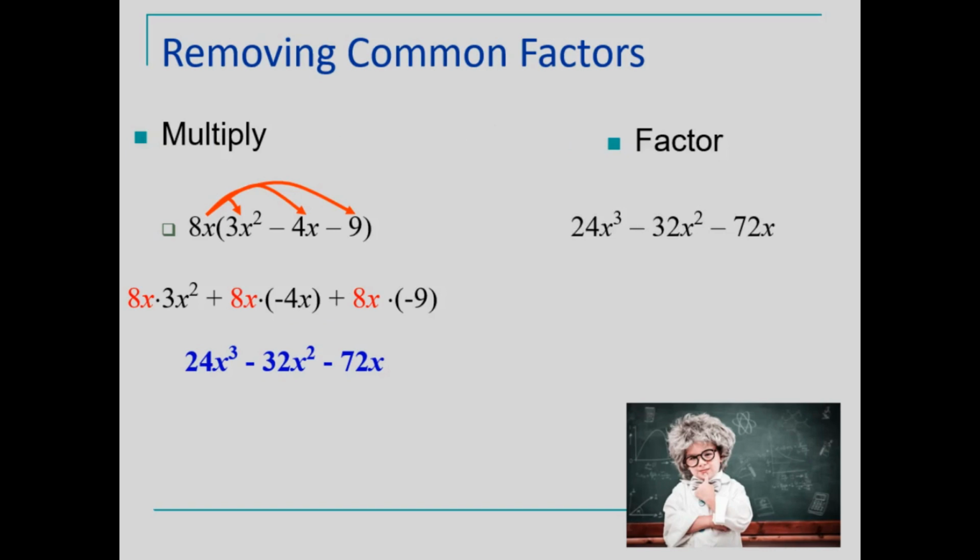Using the distributive law in reverse, we can factor this polynomial. You can think of factoring as code word for dividing. Using the distributive law to factor the trinomial, you factor each term and find a common factor of 8x.